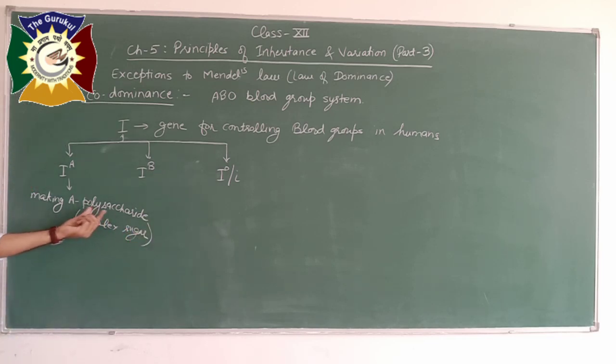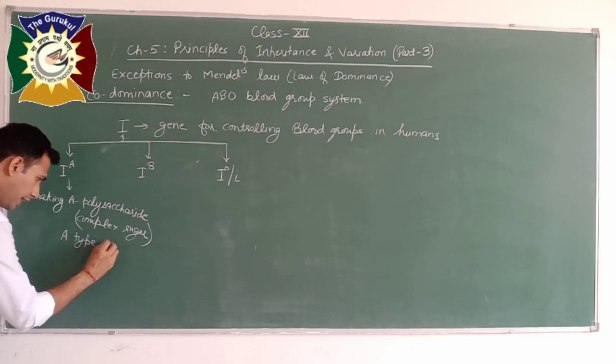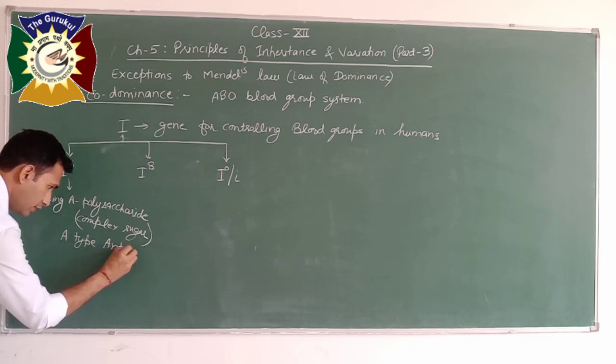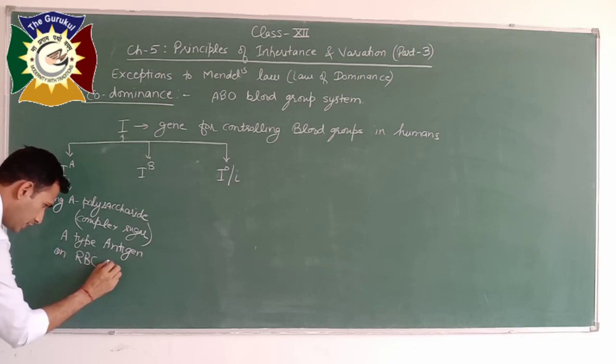So either we can say it a polysaccharide, or we can say a type of antigen on the RBC surface.